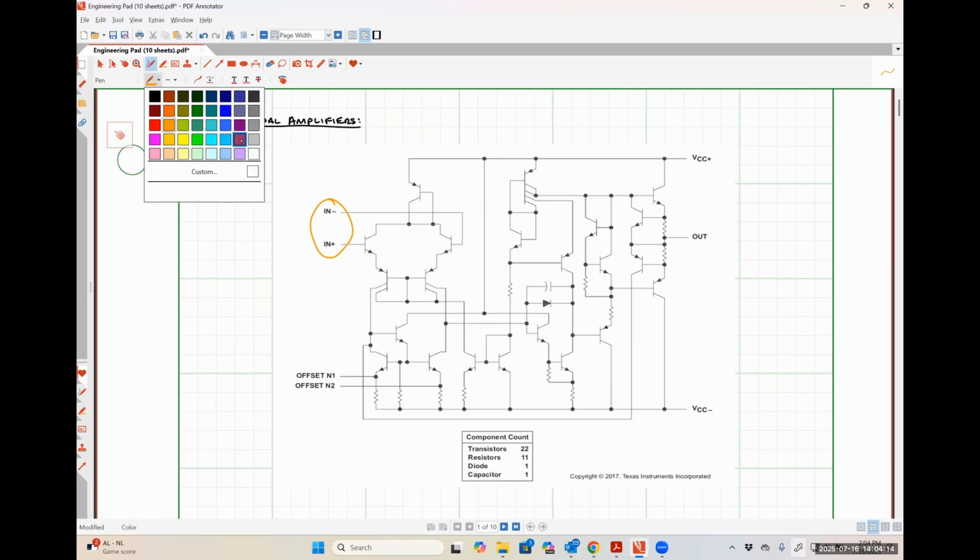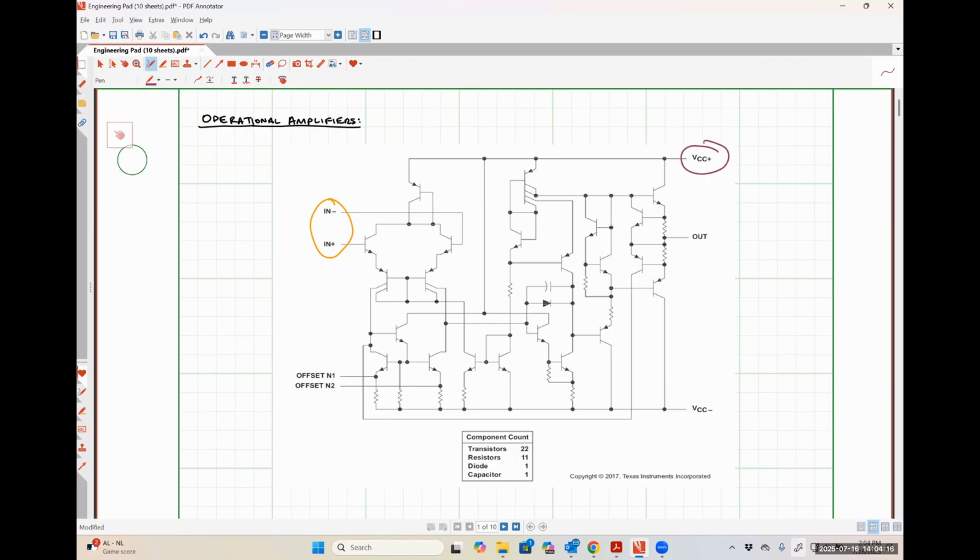We've got this guy up here labeled VCC plus, and this guy down here labeled VCC minus. These are our power pins. An operational amplifier is an example of an active device, meaning that it only behaves the way that we want it to if we supply it with external power.